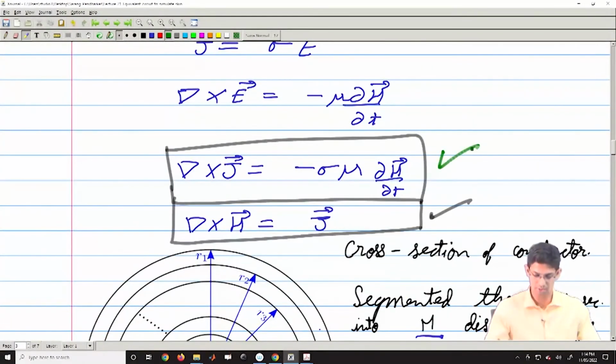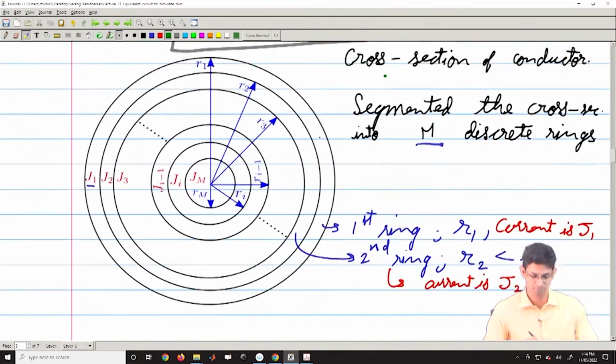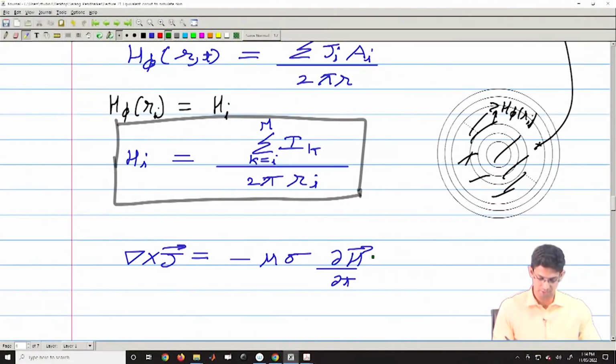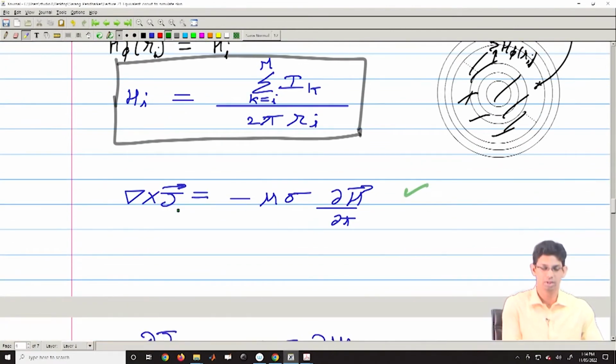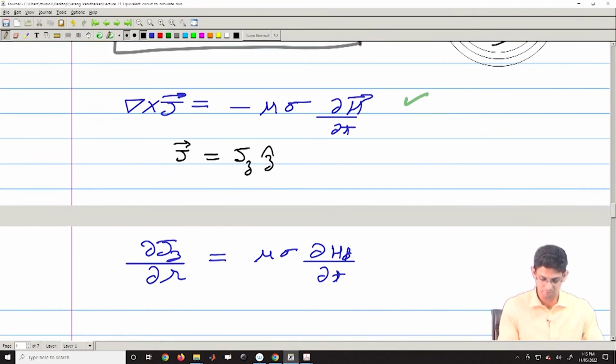Now, let us take the second equation which we had. This first equation we have managed to discretize, right. Now, we have to discretize this second equation. So, if we write this second equation in vector form, J is propagating along the z direction only. So, I have z hat, and then this can be written like this.